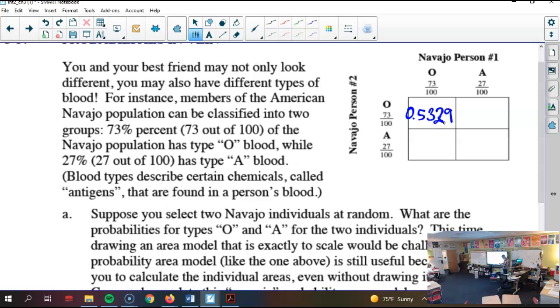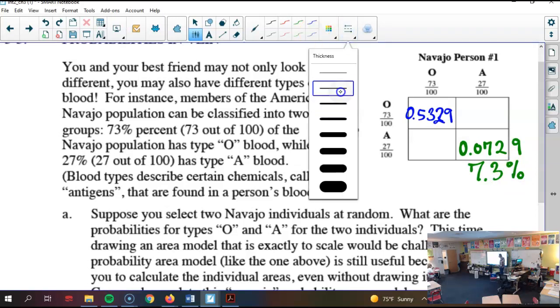How do we get out here? I didn't calculate that. I got the double A one. I'm going to change colors to make sure. Double A is 0.0729. So really, if we're doing percentages, this is like 7.3%, and this is like 53%.